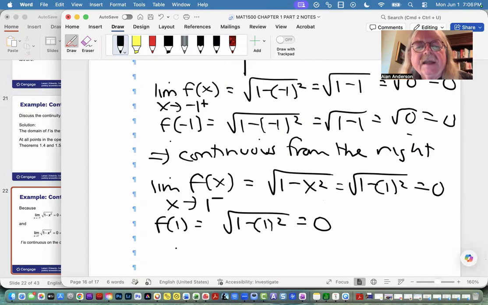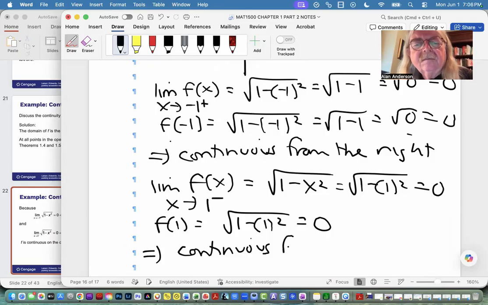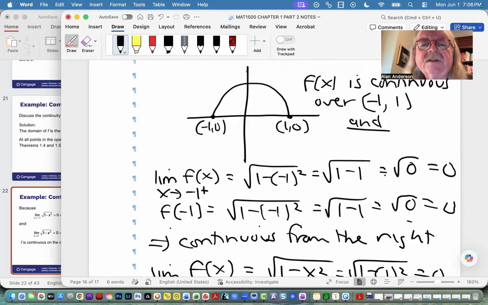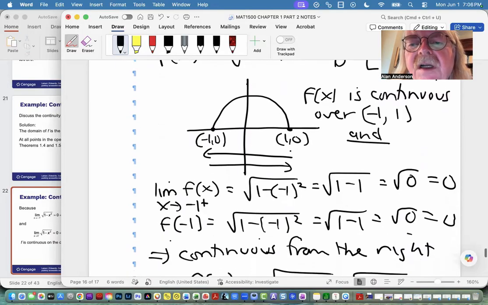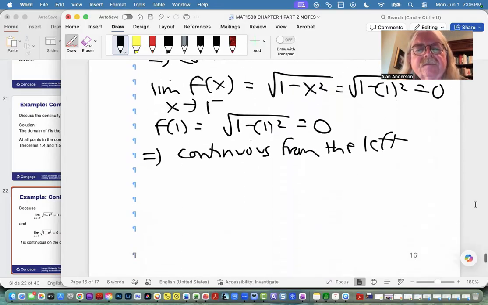And then we say that the function is continuous from the left, which means that as we head in this direction, we don't encounter any discontinuities. And the same thing with the continuity from the right: as we go to the right, we don't encounter any discontinuities. So because of these conditions, we can tie that together.